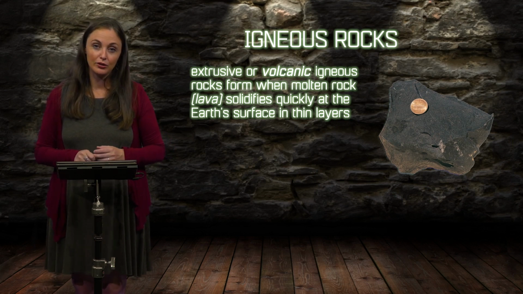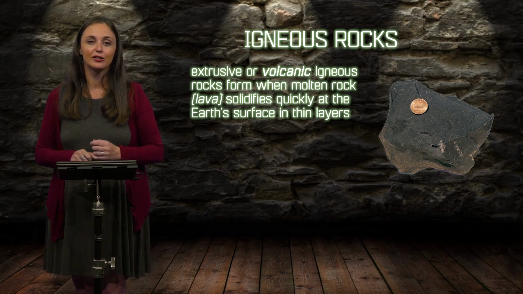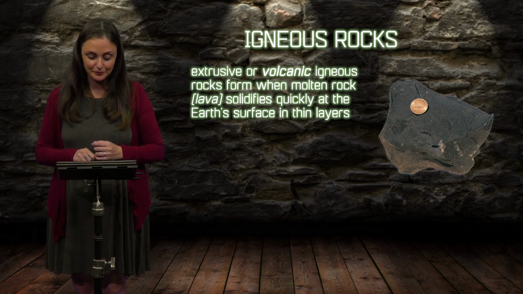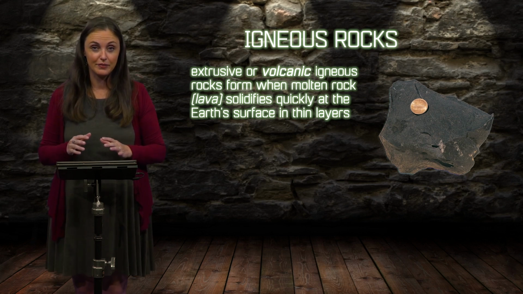So when that happens, whether it's deep under the ocean on the ocean floor, or at the Earth's surface on top of the big island of Hawaii or on top of the continent, this lava is going to cool very, very quickly.